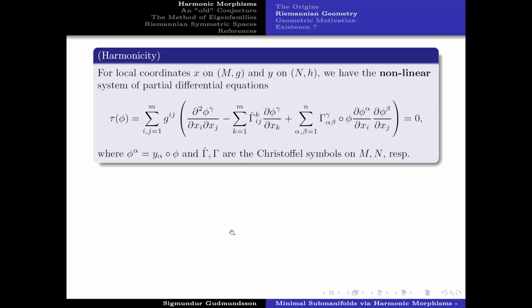This must have been discovered. I think it's in a book that James Eales and Ratto wrote. Do you know that? No, I don't know that one. But I'm pretty sure it's in there.